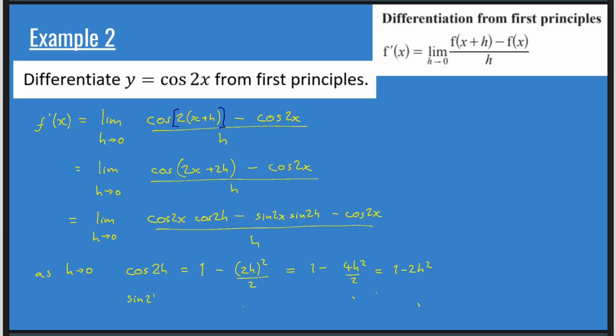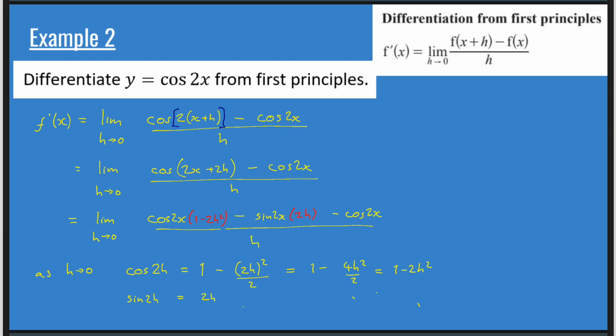Similarly, or easier, sine of 2h is 2h. So I can replace this here with this, and this here with this. So that's using these addition formulas here.